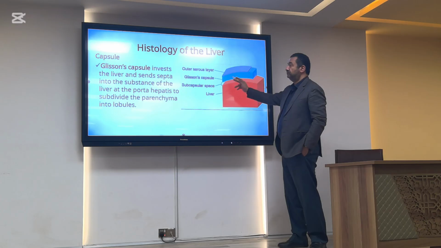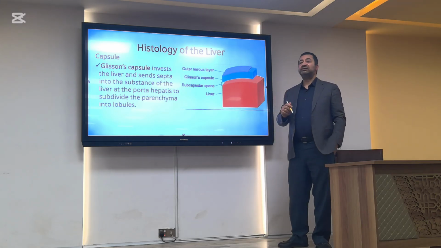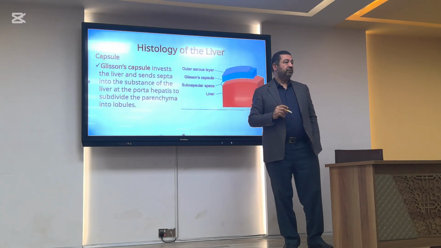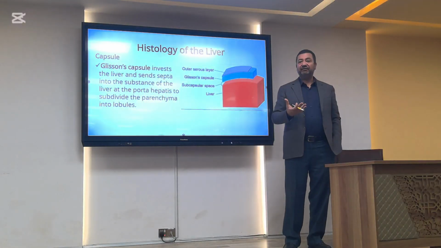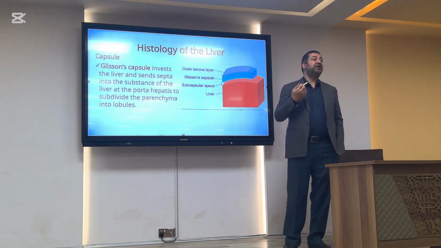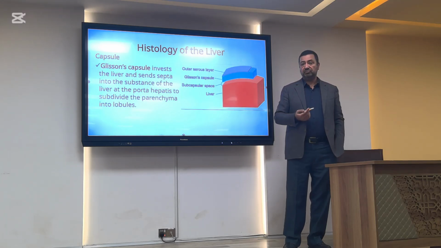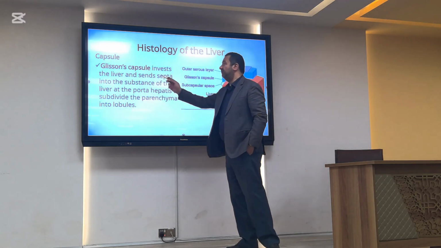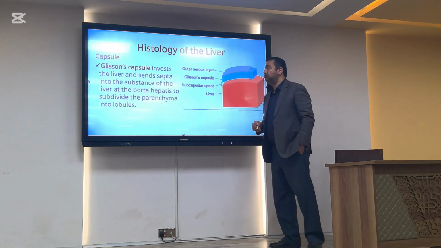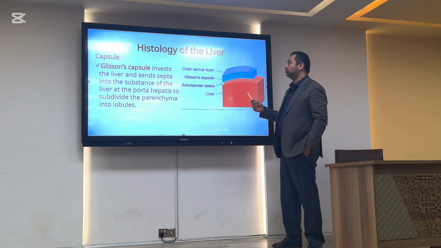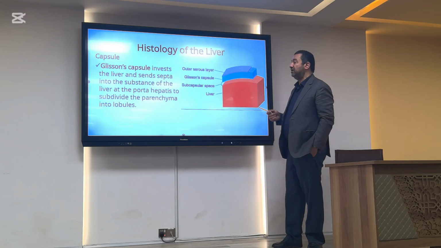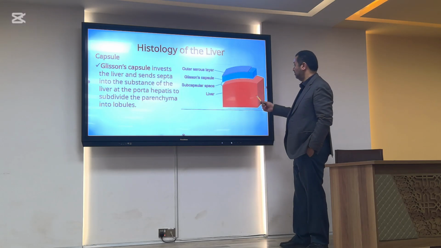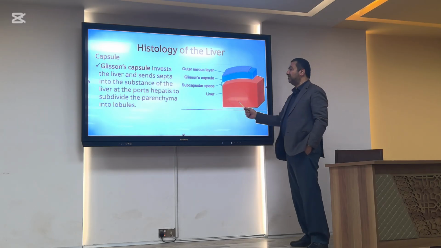Glisson's capsule, or capsule of the liver, is a dense, irregular connective tissue. It invests the liver and sends septa into the substance of the liver at the porta hepatis to subdivide the parenchyma of the liver into lobules. You see here, this is parenchyma of the liver.